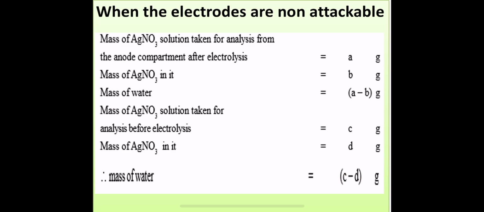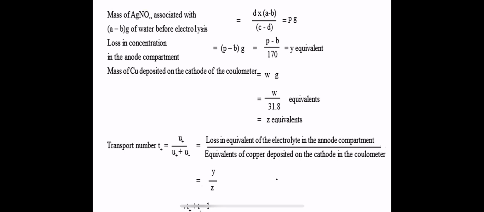We know the mass of water and the mass of AgNO3 in it, and the mass of AgNO3 associated with A minus B grams of water is written like this. Just cross multiplication. If you see it in your textbook, this equation will be clear to you. Let me call this P grams.